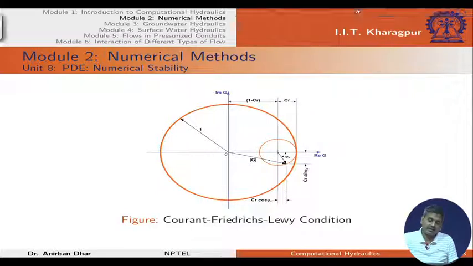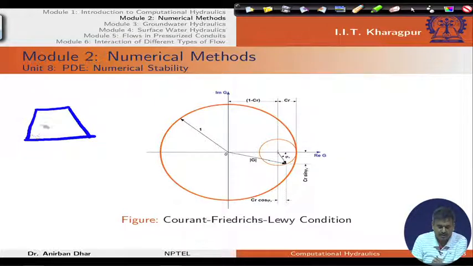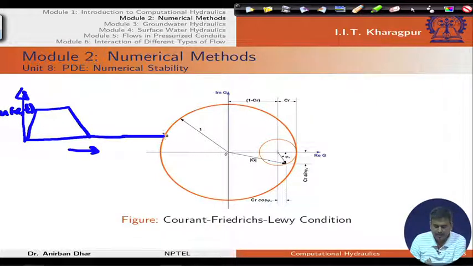So, in this case, if you have a pure advection problem without any loss of information, let us say this trapezoidal wave is travelling in the downstream direction, let us say this is u(x,t), travelling in the downstream direction with x, and this is for different times, this is time equals to 0.